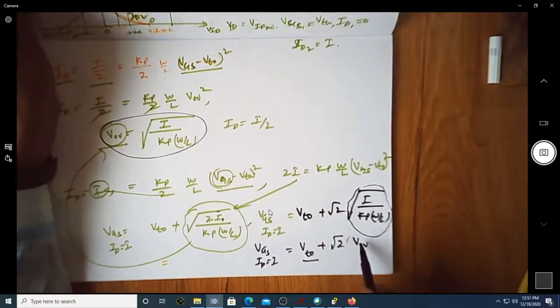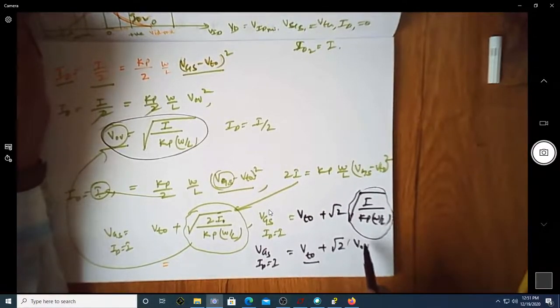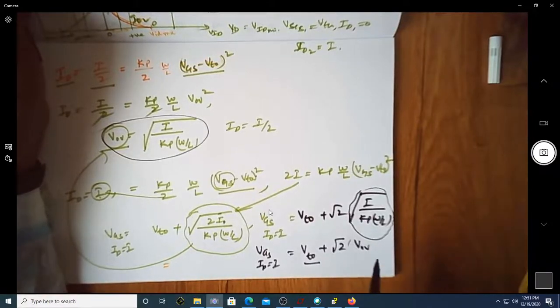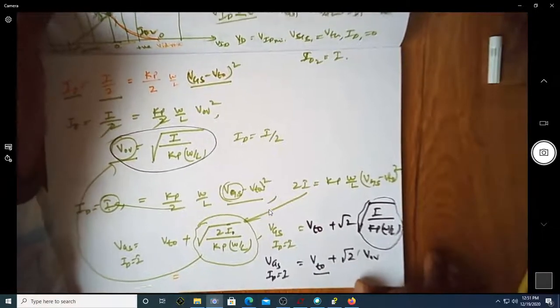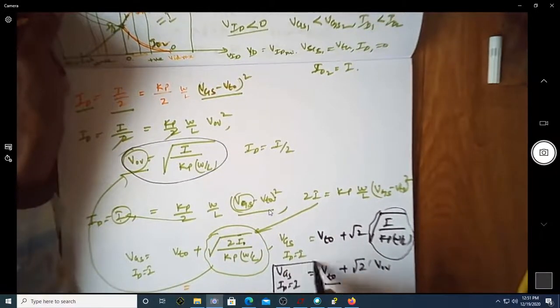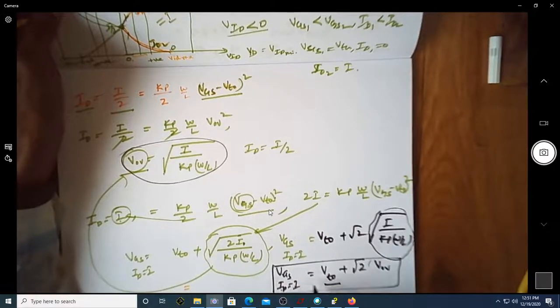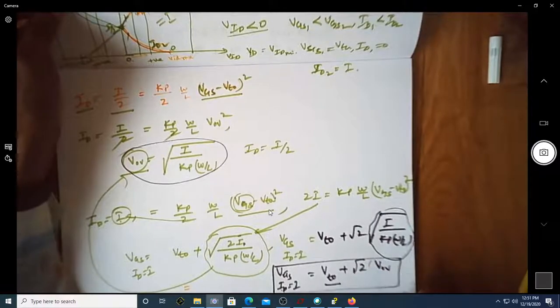What is this VOV? VOV is the overdrive voltage for the MOSFET to have a current of I by 2. So we have this expression for VGS for ID equal to I, which is equal to VTO plus the square root of 2 into VOV.